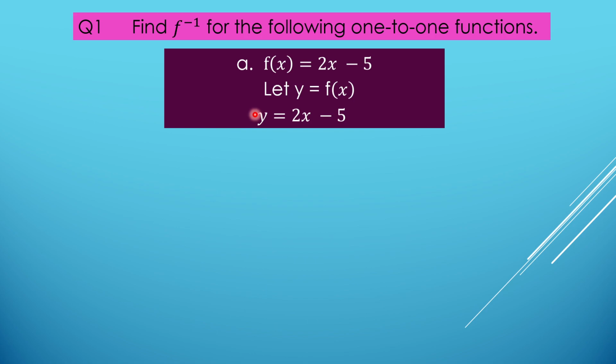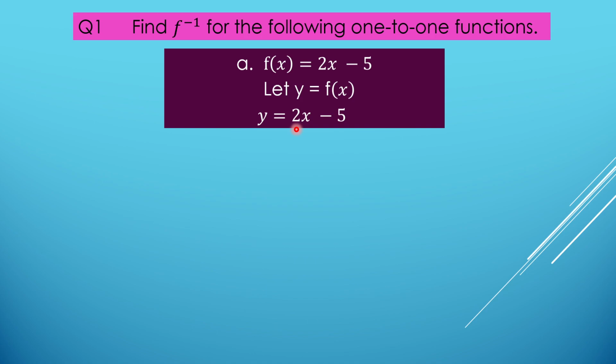So now you have y equals 2x minus 5. Now remember, the subject of this equation is y, where y is in terms of x. You have to change this equation so that x becomes the subject in order to find the inverse.